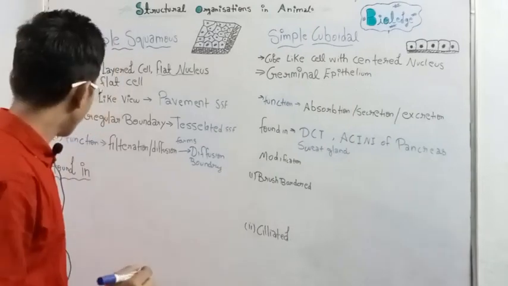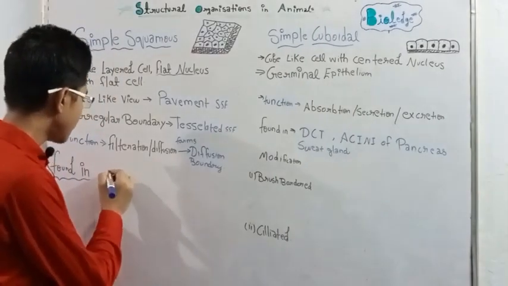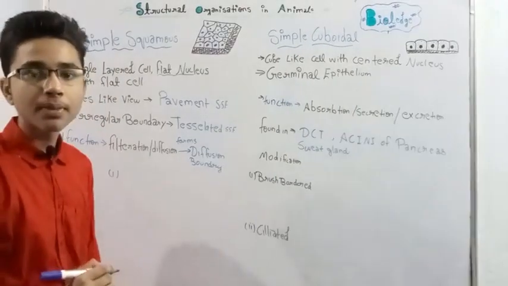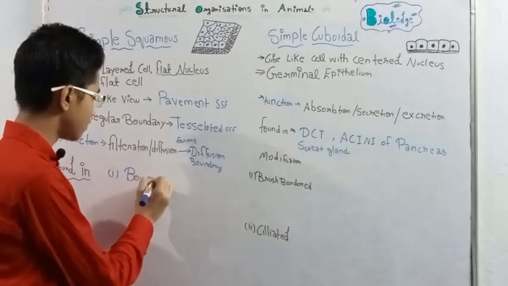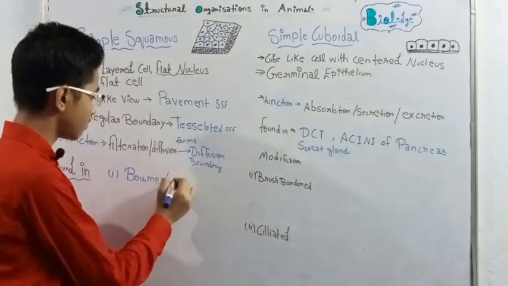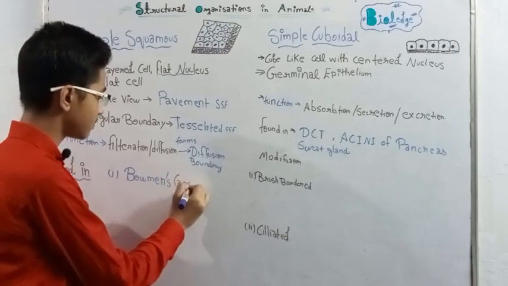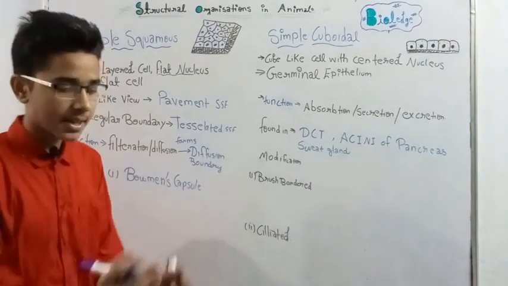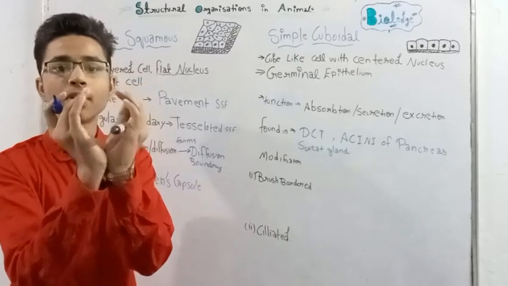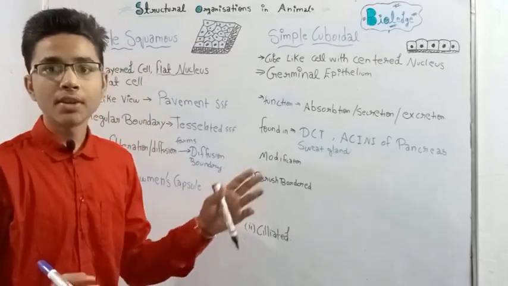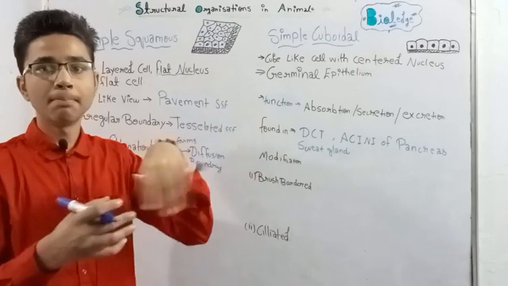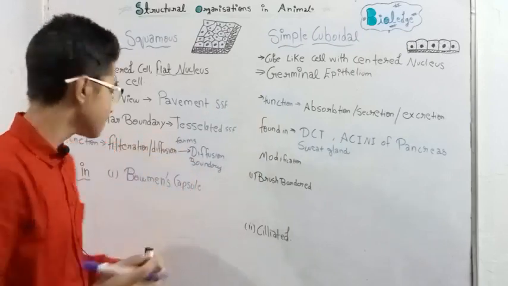Let's talk about the location of them. The first location where they are found is Bowman's capsule. Bowman's capsule is a shape found in the kidney. That part is basically where the glomerulus, or the bunch of vessels, passes.